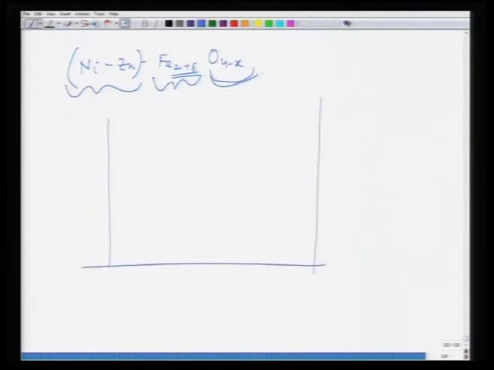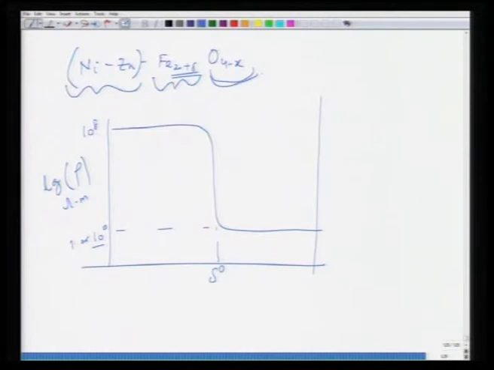When you plot log of resistivity in ohm meter versus delta, the iron value, it goes through several orders of magnitude change at around 0, and this goes to as high as 10 to the power 8, and this could be as low as 10 to the power 0 or 1.